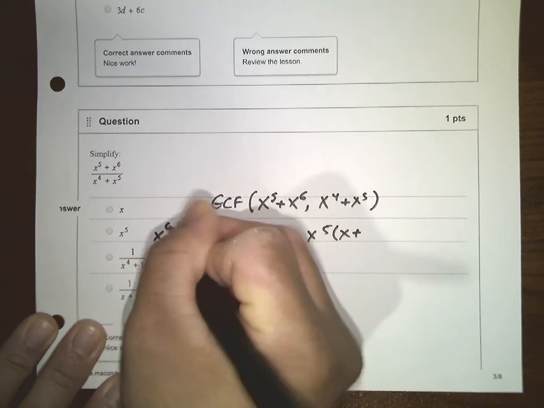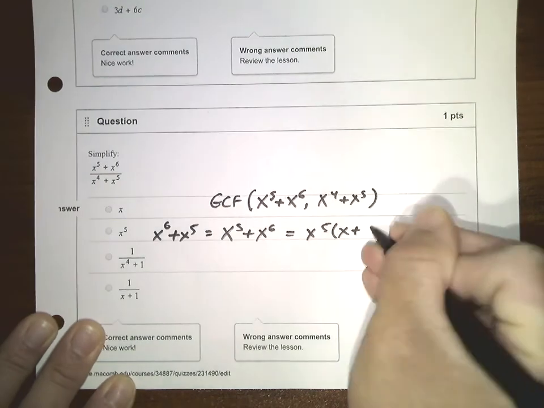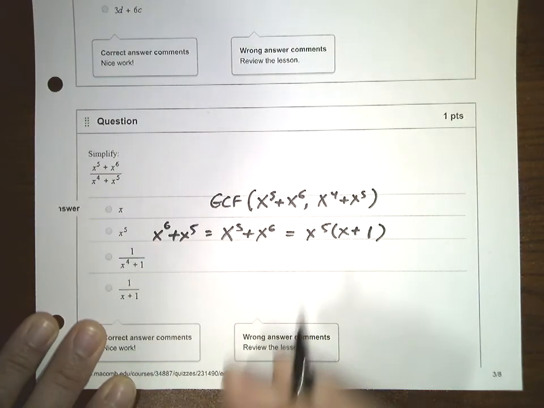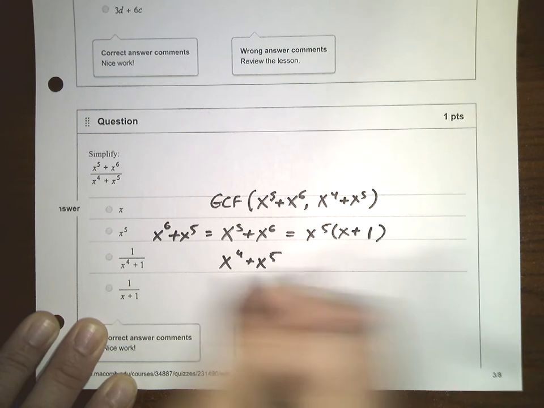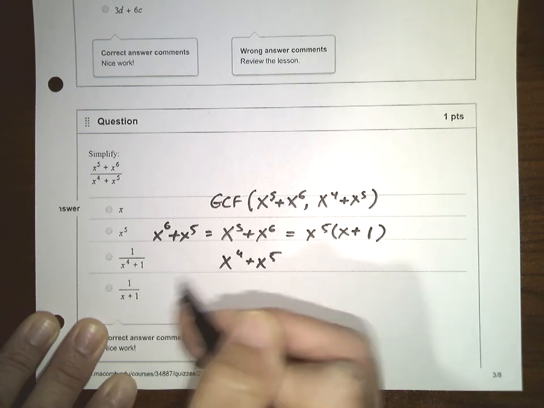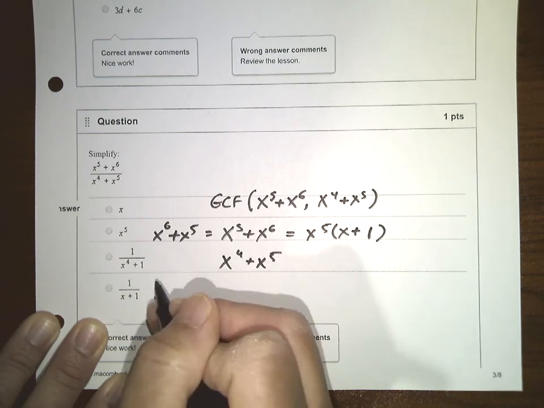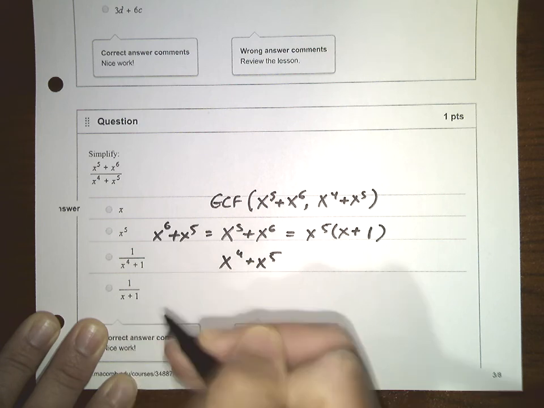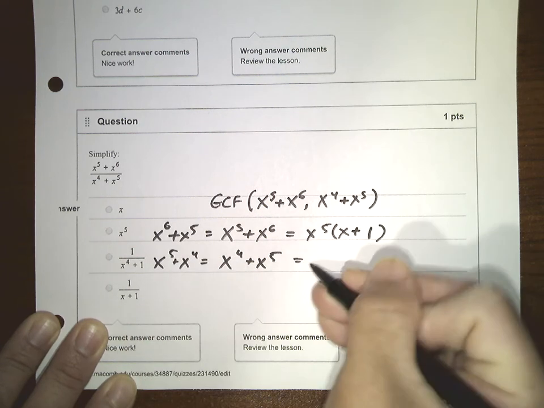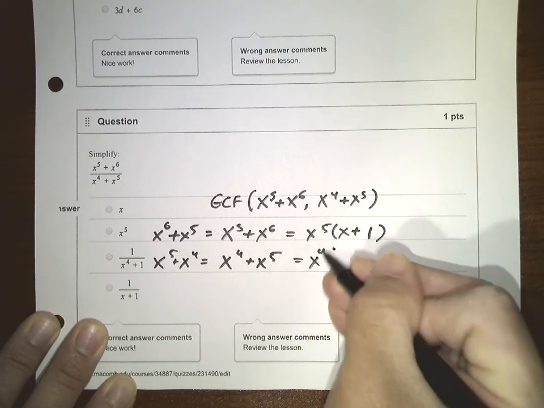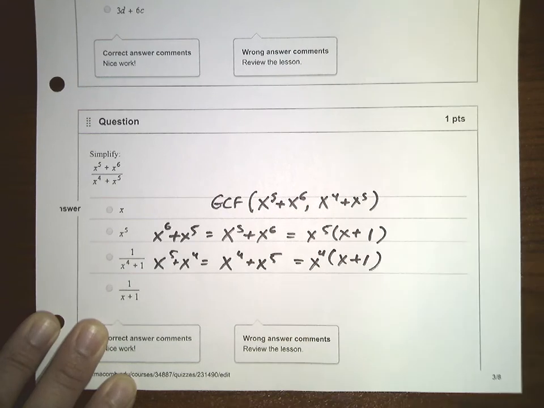And x to the 4th plus x to the 5th I could rewrite as x to the 4th times x plus 1.